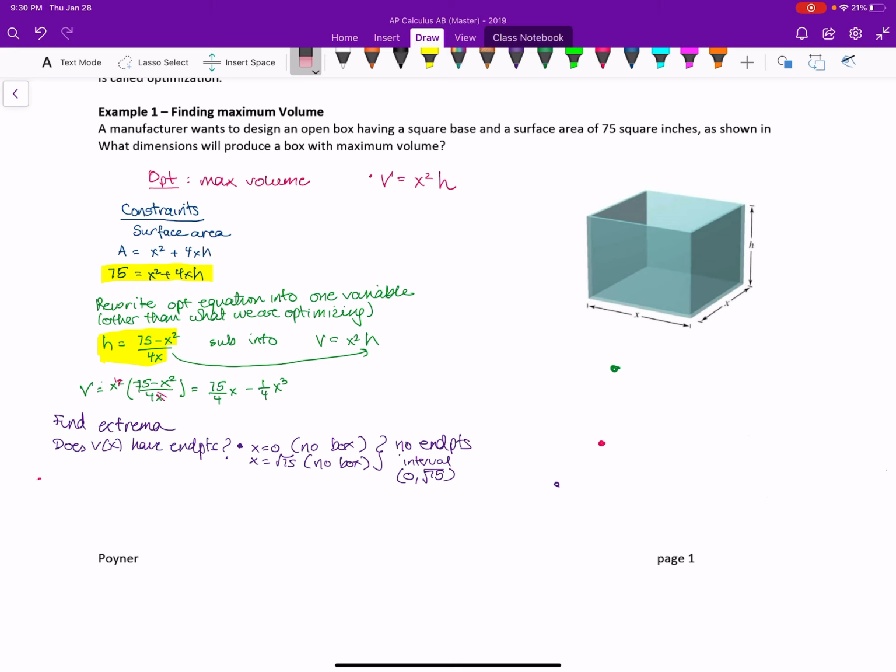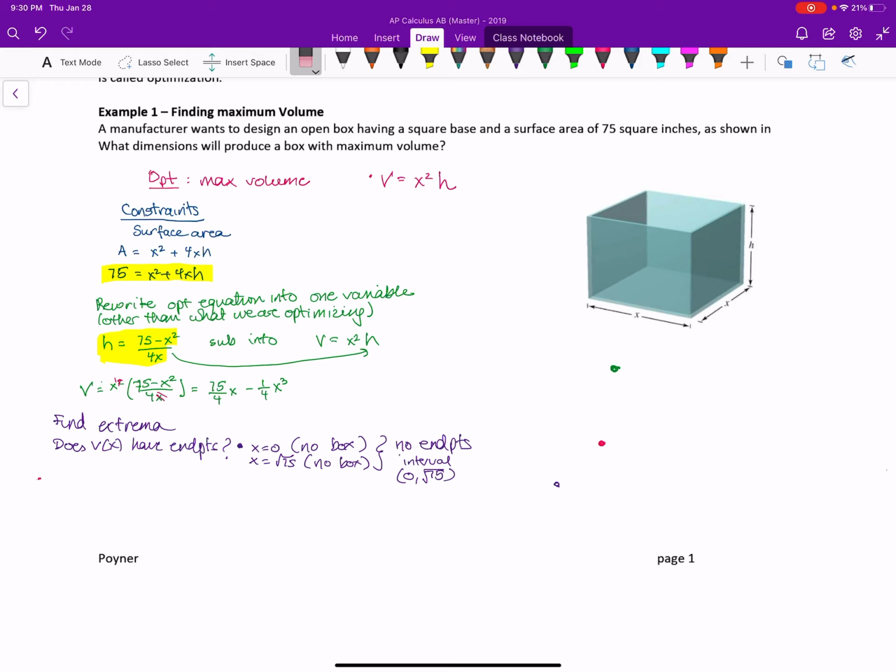So finding the extremas does a couple of things we have to check for. We have to make sure if there are actually any natural endpoints to this. In this particular case, if, for example, x was equal to 0, we would have no box. And the other option is if x is equal to the square root of 75, because that means the whole surface area was used for the base, or none of the surface area was used for the base.